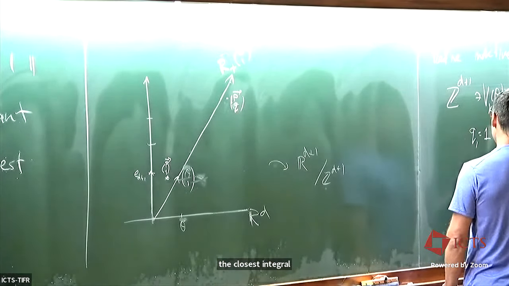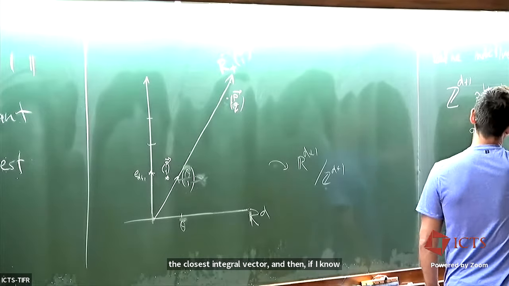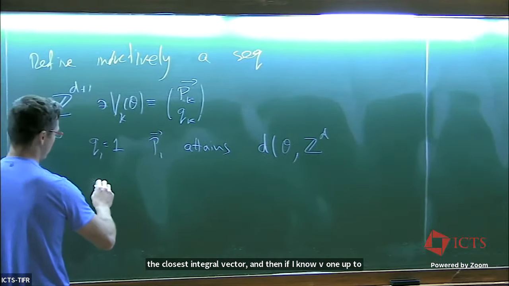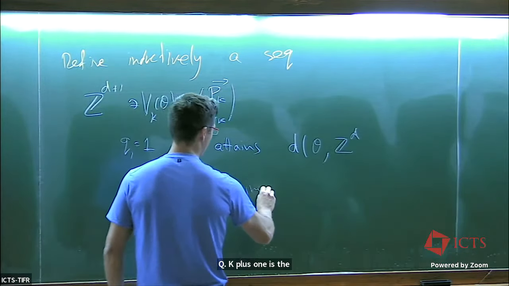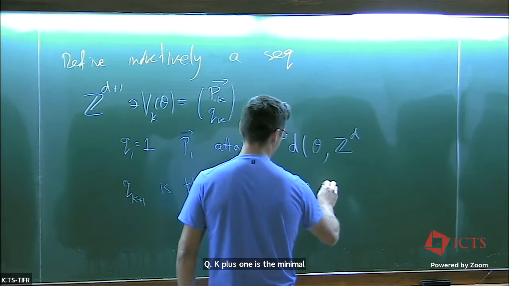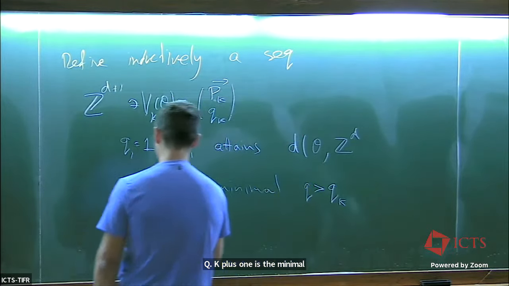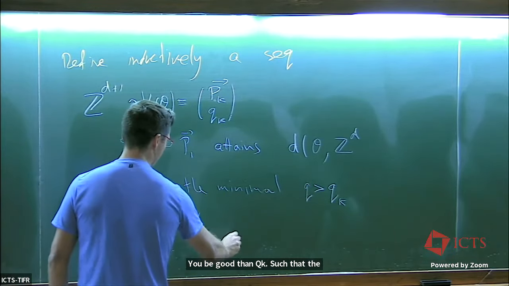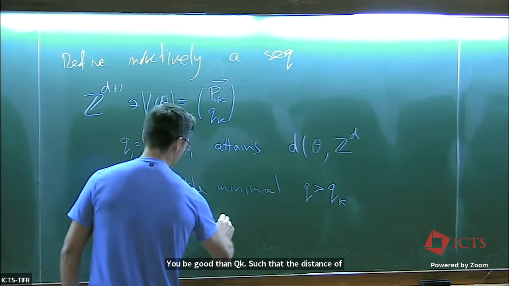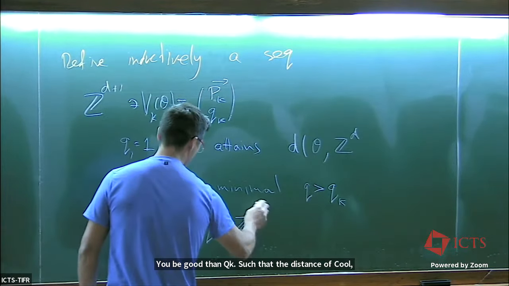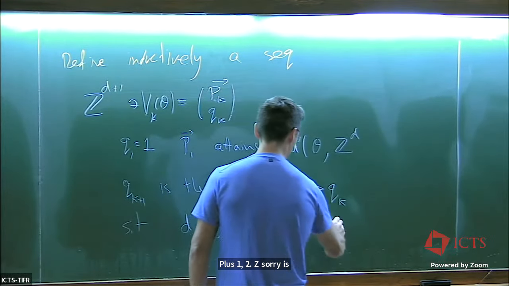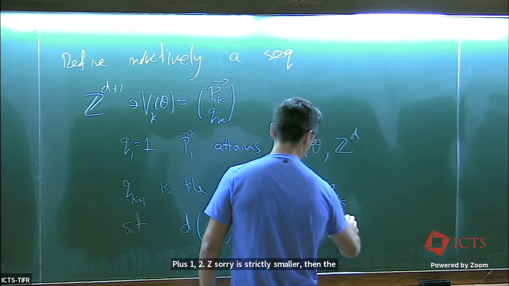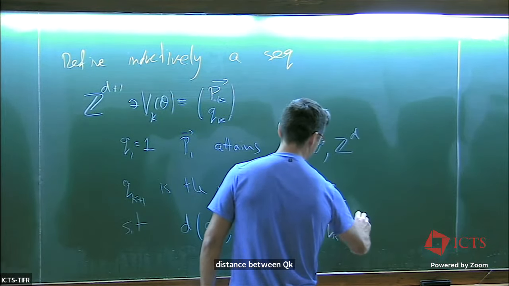And then if I know V_1 up to V_k, then Q_(k+1) is the minimal Q bigger than Q_k such that the distance of Q theta to Z^d is strictly smaller than the distance between Q_k theta and Z^d.